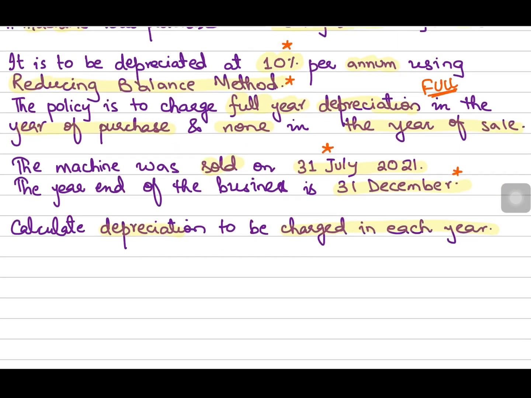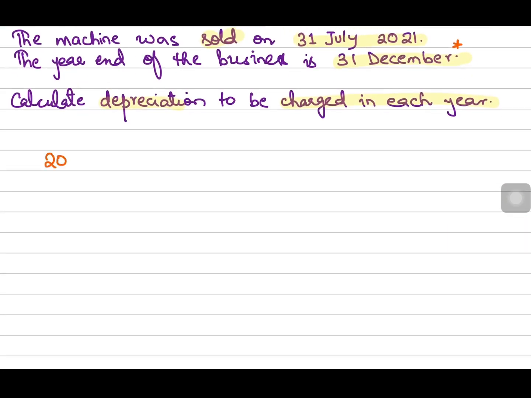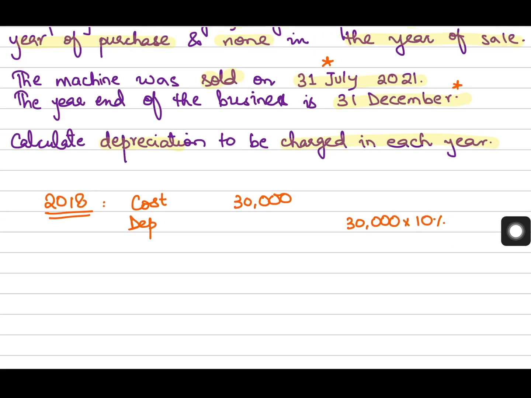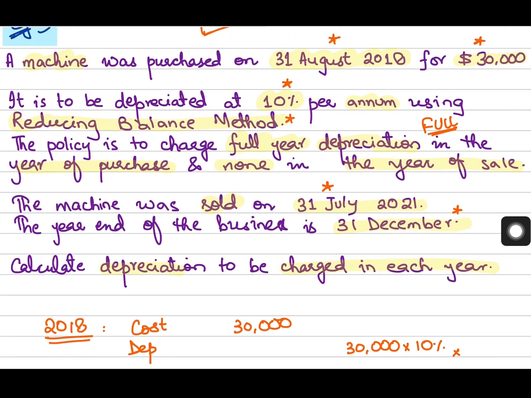So, let us begin. The first year is 2018. We will be following the vertical format in order to calculate depreciation, because that makes it really easier to charge depreciation every year, because you do not have to calculate the net book value again and again for every year. So, in 2018 the cost is $30,000 and the depreciation will be charged on this cost, $30,000 multiplied by the rate, that is 10%. Now, should I further allocate this depreciation according to the months, that is, multiply it with the number of months for which the asset was there in the business, from September till December?